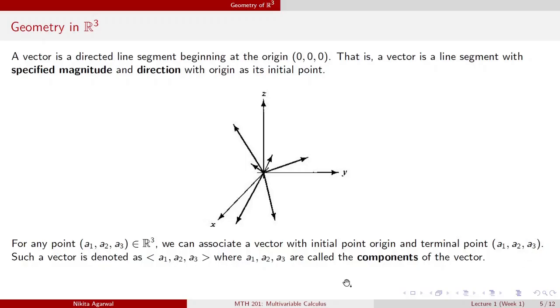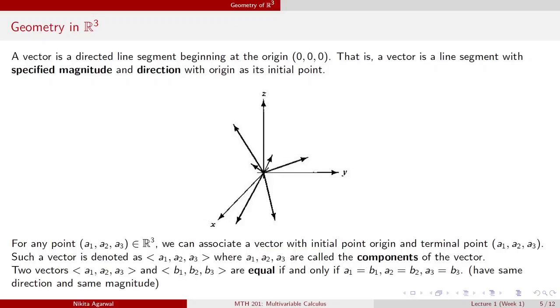For a vector we will call them components. That is something that you have to remember. I'm going to use this notation throughout this course. For a point you will use round brackets, and for a vector you will use triangular brackets.